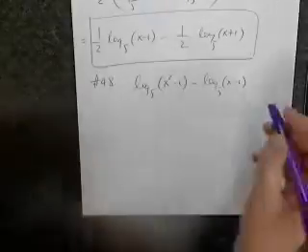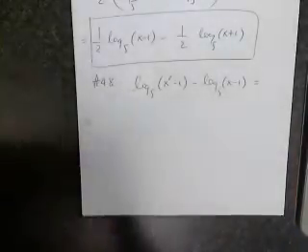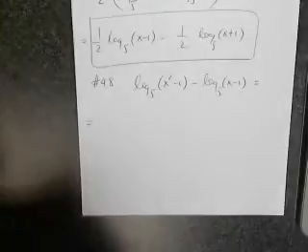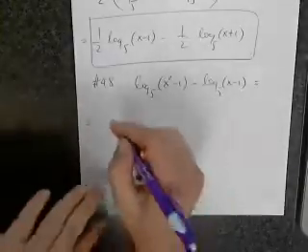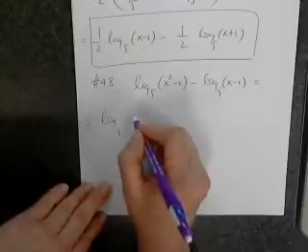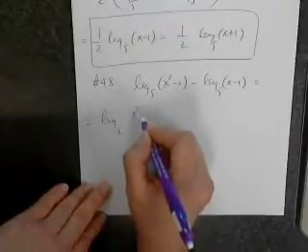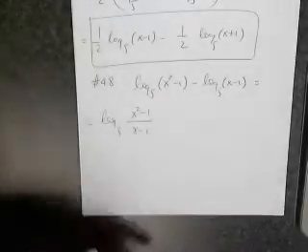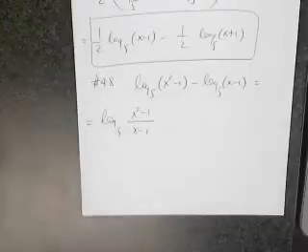How will I condense this? Log base 5 x squared minus 1 over. Very good. And I can factor the top and try to simplify.